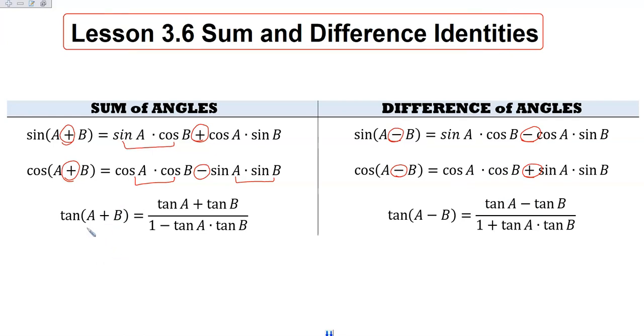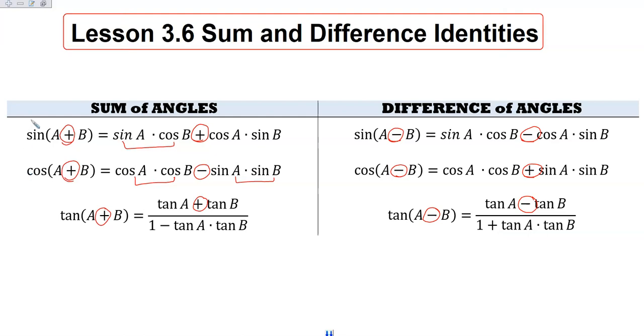Then we look at the tangent of the sum of two angles. Notice that there is a plus and a subtract in our identity. The numerator is going to match whether you're adding or subtracting. Over here, when subtracting, our numerator is subtracting, and your denominator is the reverse.